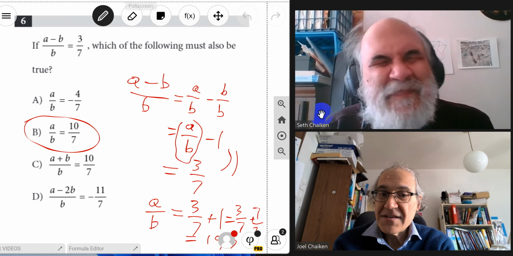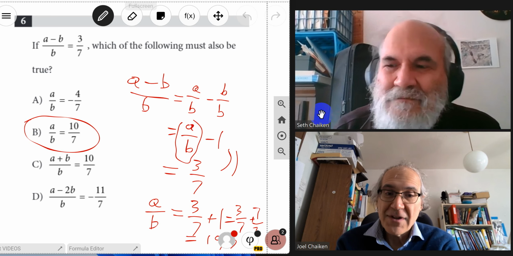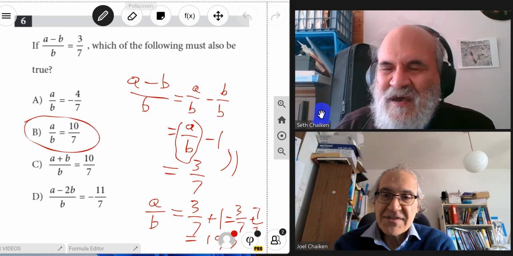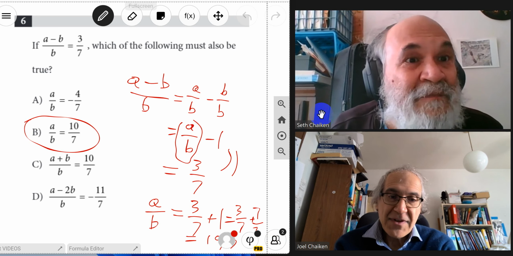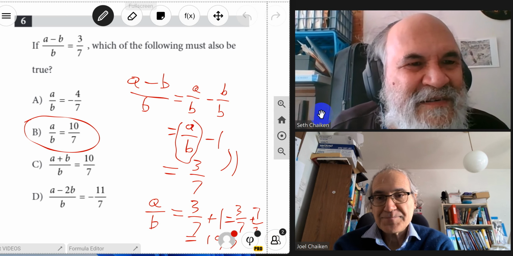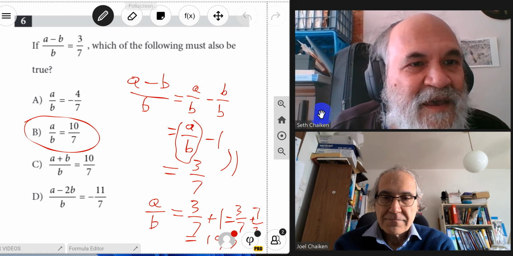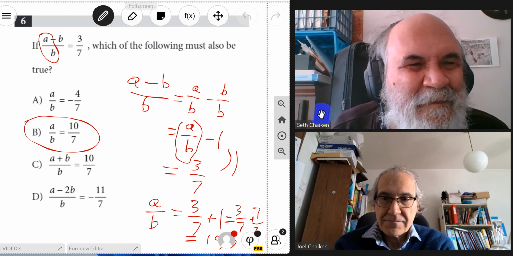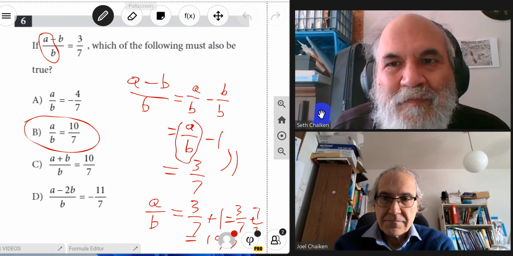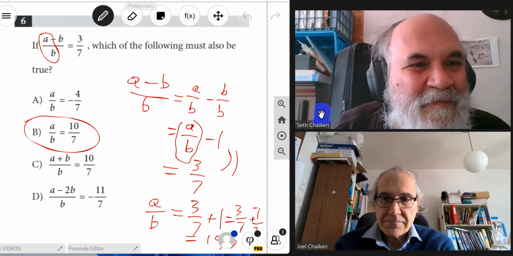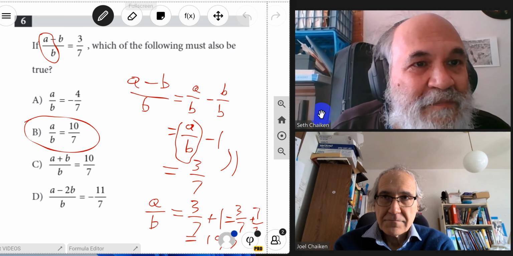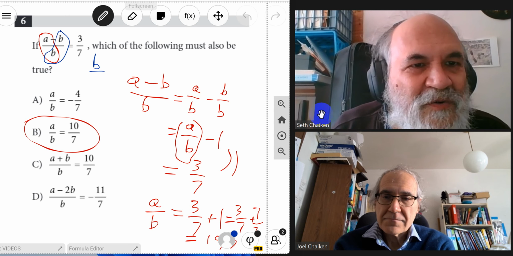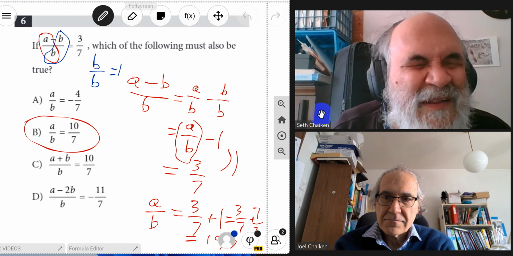Yeah, that seems like a totally reasonable way to do it, to notice the pattern: A minus B divided by B is A over B, and then B over B equals 1.